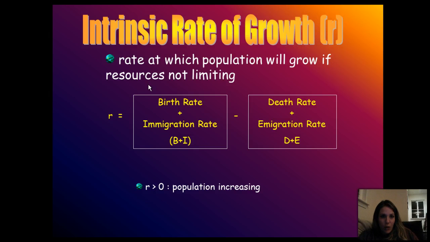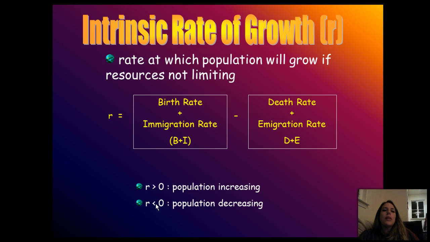If you plug in some numbers, you'll see that if those coming in is greater than those going out, that makes r greater than 0, and that means your population size is increasing. Makes sense, right? Think about it for a minute. Now, if those coming in is less than those going out, that means your death rate and emigration rate are higher than your birth rate and immigration rate.